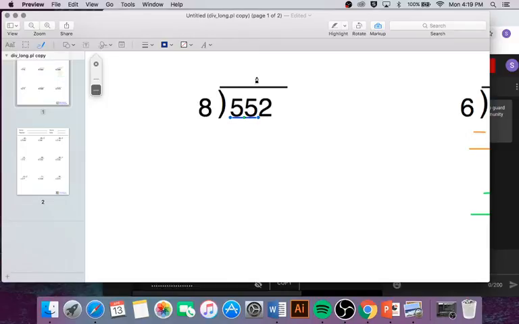The closest we can get to 55 without going over would be 6. 6 times 8 is 48. And then we have to subtract 48 from 55. So 55 minus 48 is 7.